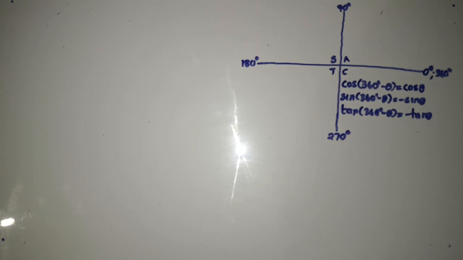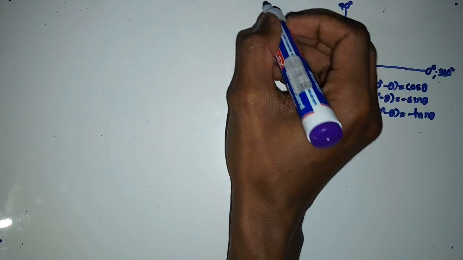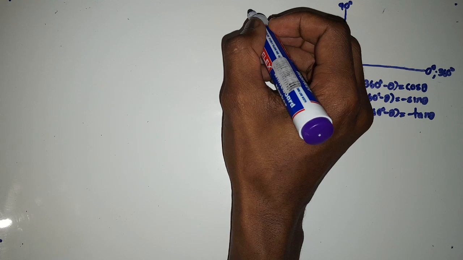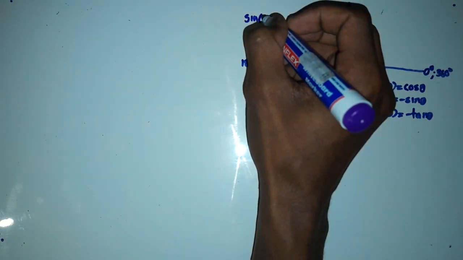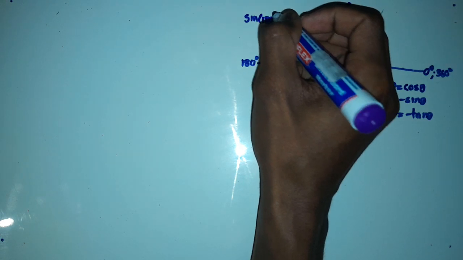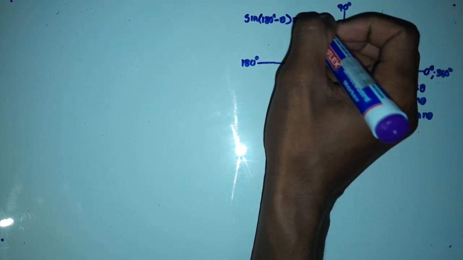Now let us move to the second quadrant. The only ratio that is going to be positive in 180 minus is going to be sine. Sine 180 degrees minus theta, going to get positive sine theta.